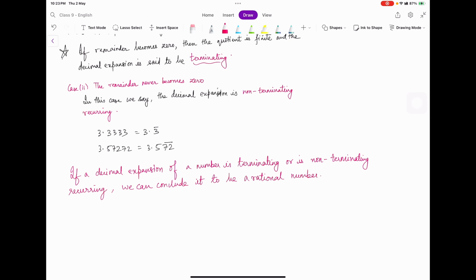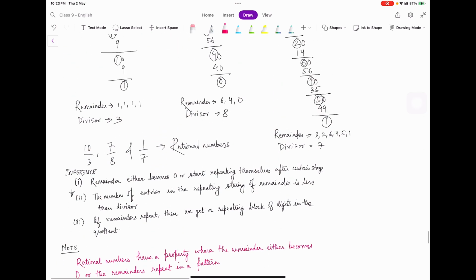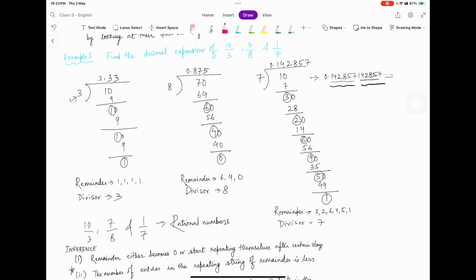Either, if the remainder becomes 0, the quotient is finite, and the decimal expansion is terminating. It stops after some digits. But if the remainder never becomes 0 and the remainder has a pattern, a string of digits in a pattern, the quotient is infinite but will repeat in a pattern.